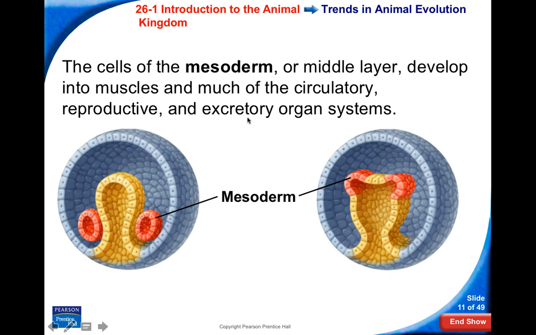So, for the more complex animals, that would be like kidneys and the urinary system. For simpler animals, they have similar systems, not as complicated as kidneys and excretory systems, but something like it. Okay, so that's what the mesoderm does.